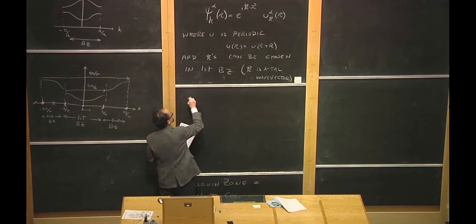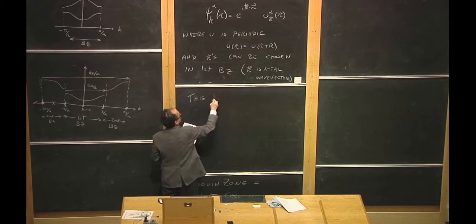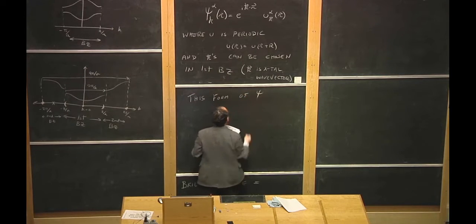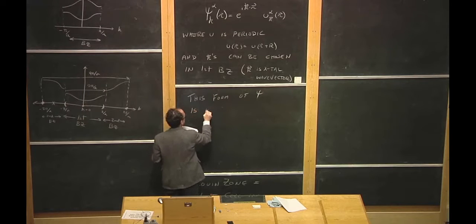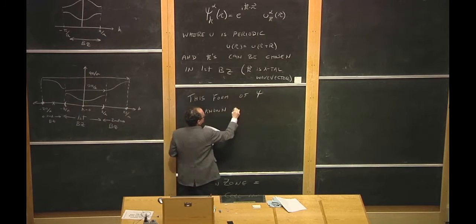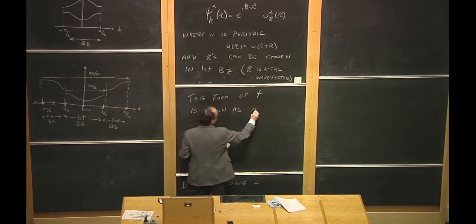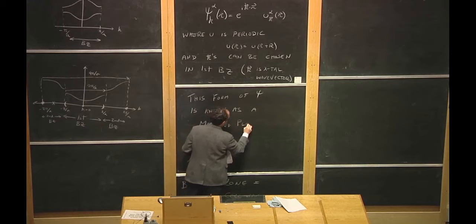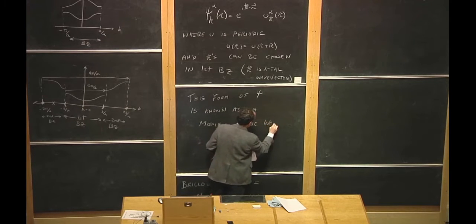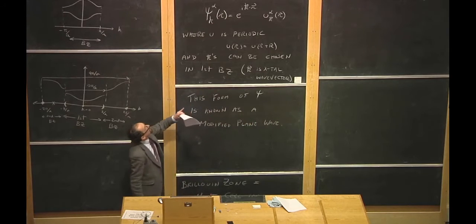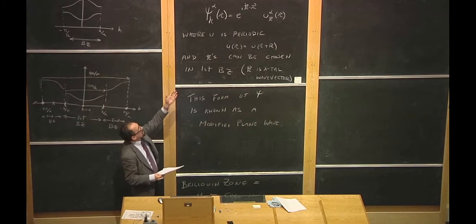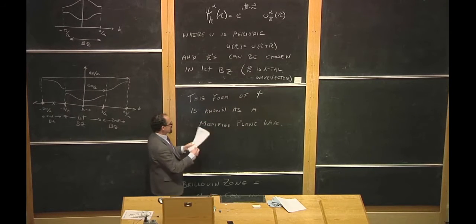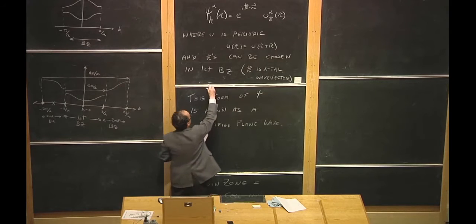This form of psi is known as a modified plane wave. That should be fairly obvious. It's a plane wave e to the i k dot r, modified by being multiplied by a periodic function u. That's the modification of the plane wave.